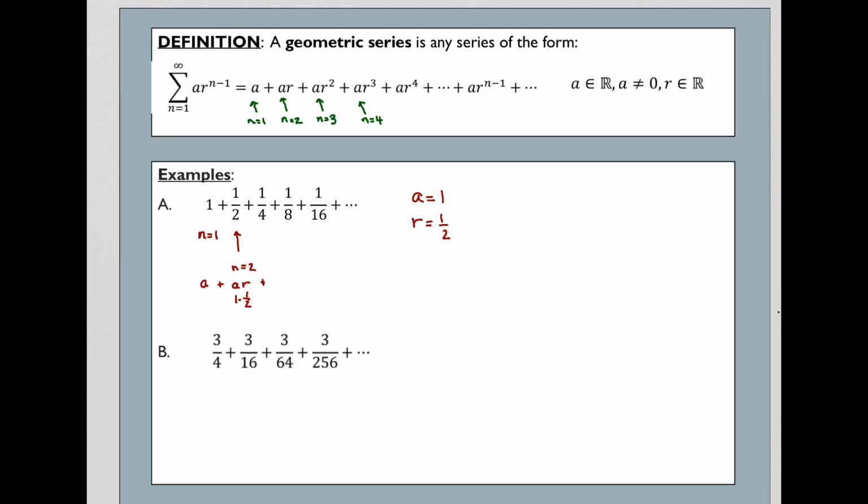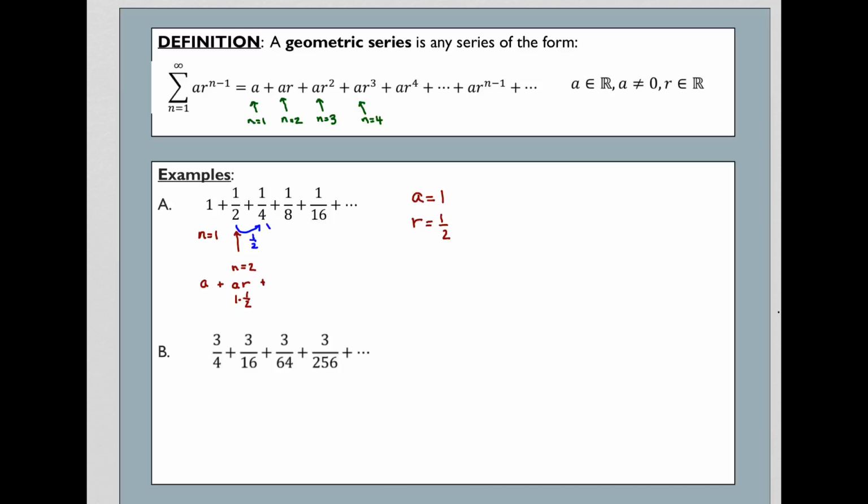If r is 1/2, that means each term in the series is changed by a multiple of 1/2 each time. So if I'm going from my second term to my third term in a geometric series, I need to be multiplying by 1/2. And 1/2 times 1/2 does give me 1/4.